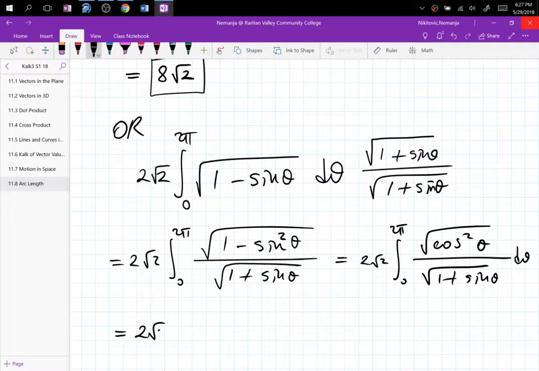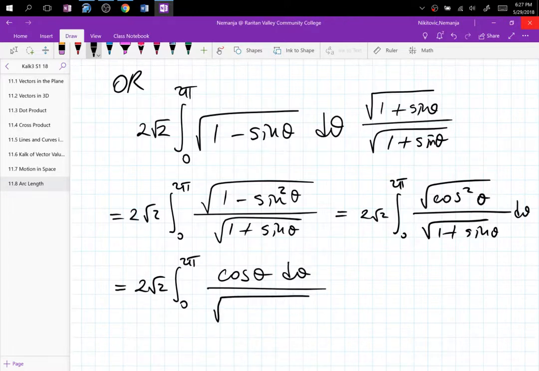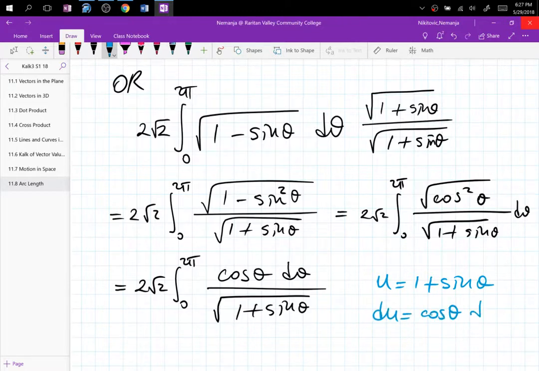Okay, so that's 2 root 2 integral 0 to 2 pi cosine theta d theta divided by root of 1 plus sine theta. Now, u equals 1 plus sine theta. du is cosine theta d theta.